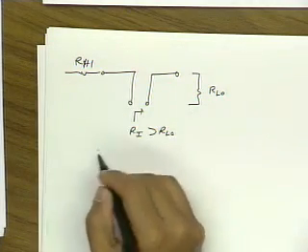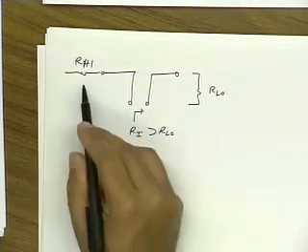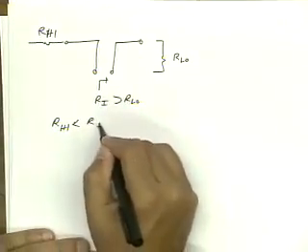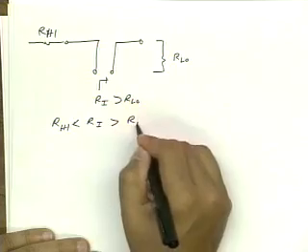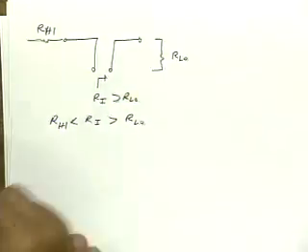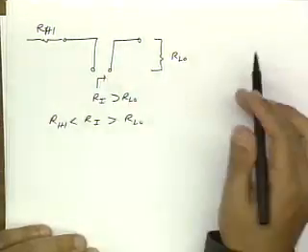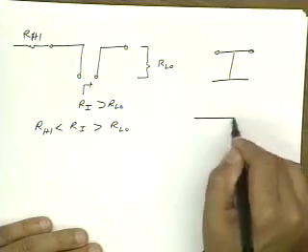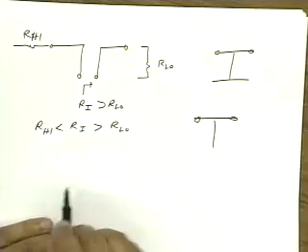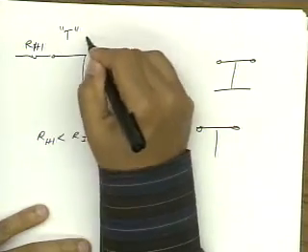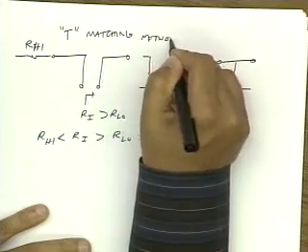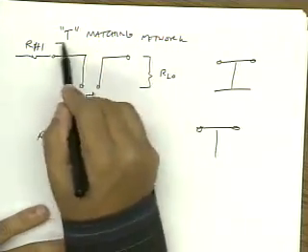So in this case, R high is less than Ri, but Ri is bigger than R low. And of course, if I combine these two elements in series, well, I didn't draw it nicely. It looks like a T. So this is a T matching network.